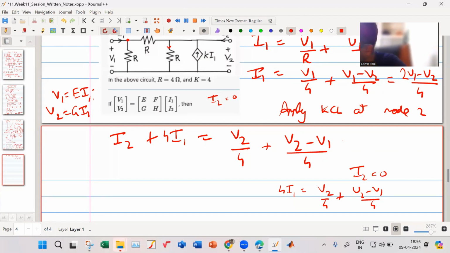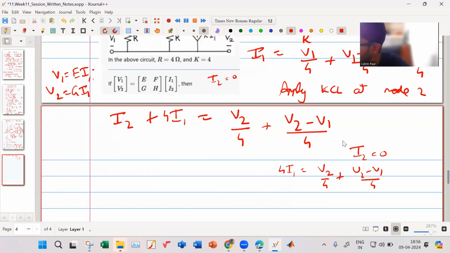So I put I2 equal to 0. My 4I1 is equal to V2 upon 4 plus V2 minus V1 upon 4, so 4I1 is equal to 2V2 minus V1 upon 4, right?